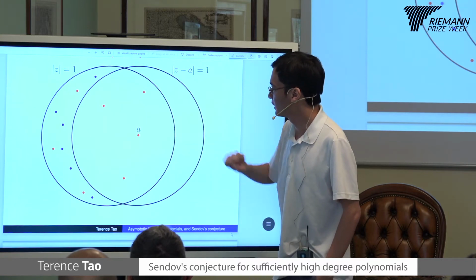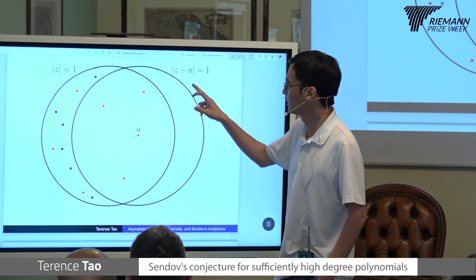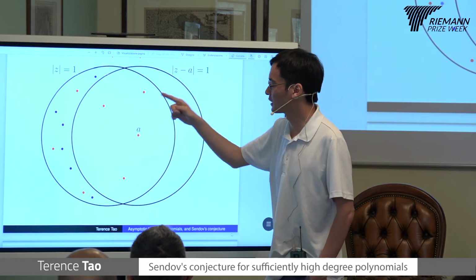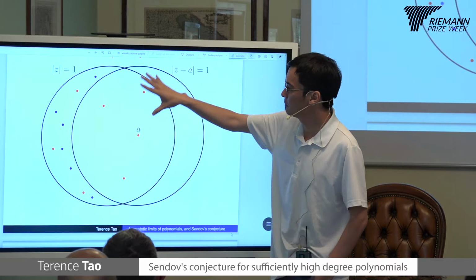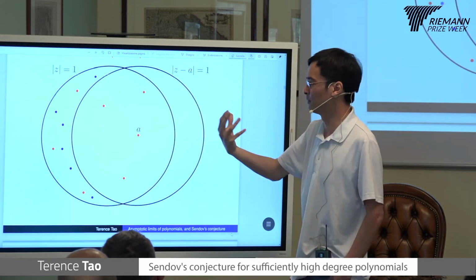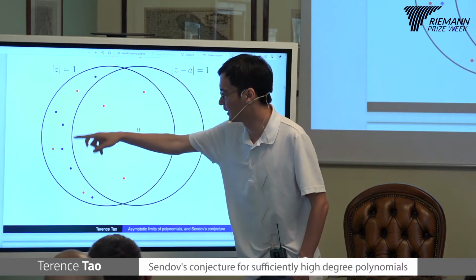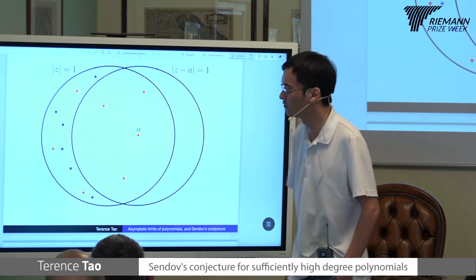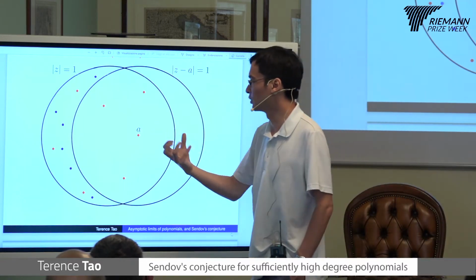But what the conjecture says is that if you take any zero, like this one, A, and you look at the unit disk centered at A, there has to be a critical point inside this disk as well. So this picture depicts a counterexample to Sendov's conjecture, where the critical points always stay a distance more than 1 from the zero. So this is a picture that should not happen.